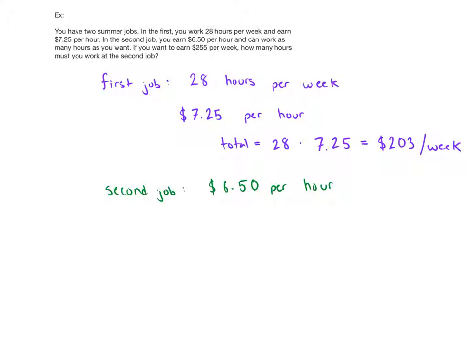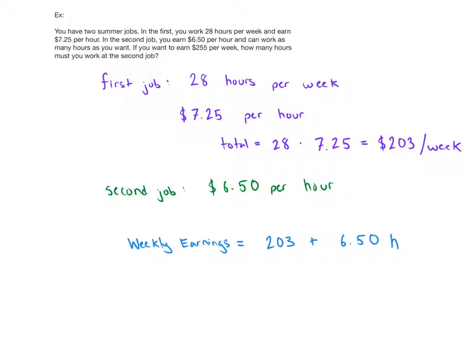So let's just quickly set up a weekly earnings equation. Our weekly earnings will equal the total earnings per week from the first job, which is 203, plus the total weekly earnings from the second job, which is 6.50 times the number of hours, which we can call H. So 6.50 per hour times the number of hours H that we work will give us our weekly earnings from the second job.